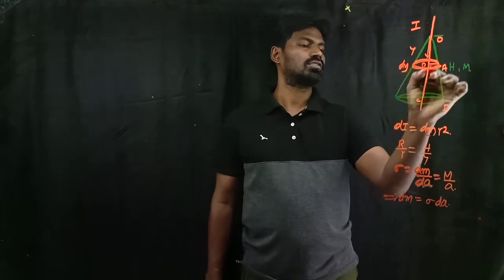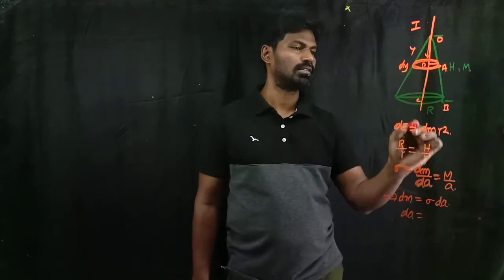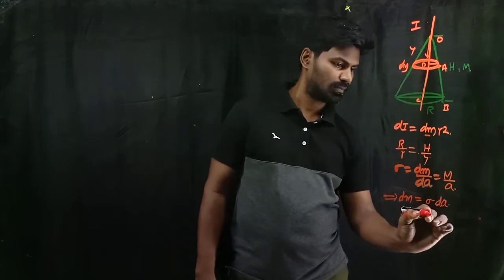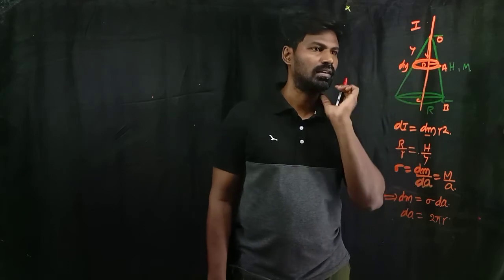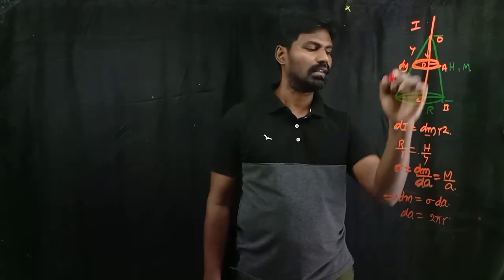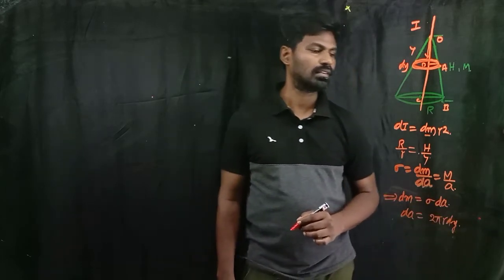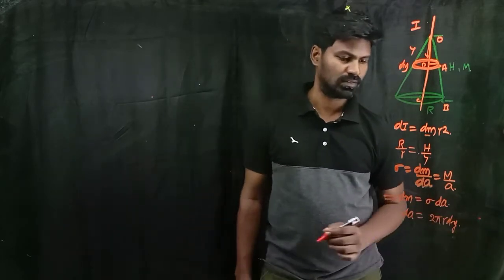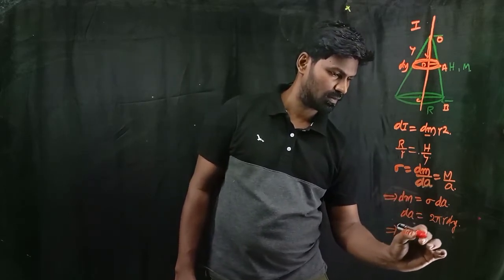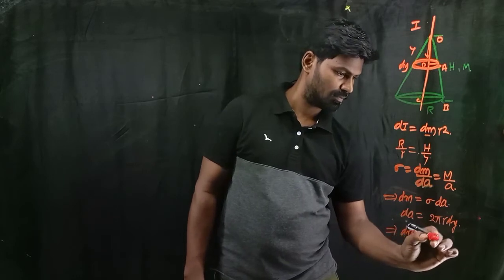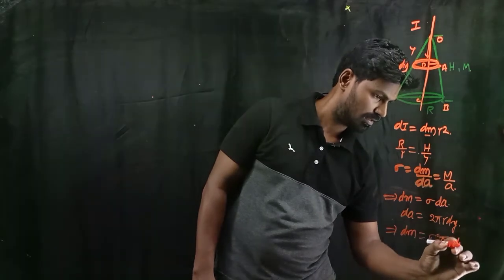What is the area of this strip? dA is equal to the perimeter, 2 pi small r, into the thickness dy. So through this, dm is equal to sigma 2 pi r dy.